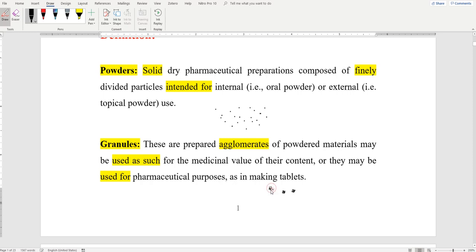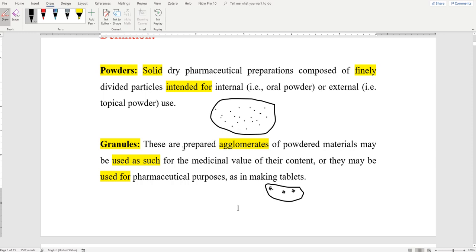So we cannot say, for example, if the size is, let's say, less than 500 micrometer or less than 1000 micrometer, then I will call it powders, and if it is more than 1000 micrometer, then I will call it granules. This is not a correct assumption, although generally we consider the granules are larger than powders.